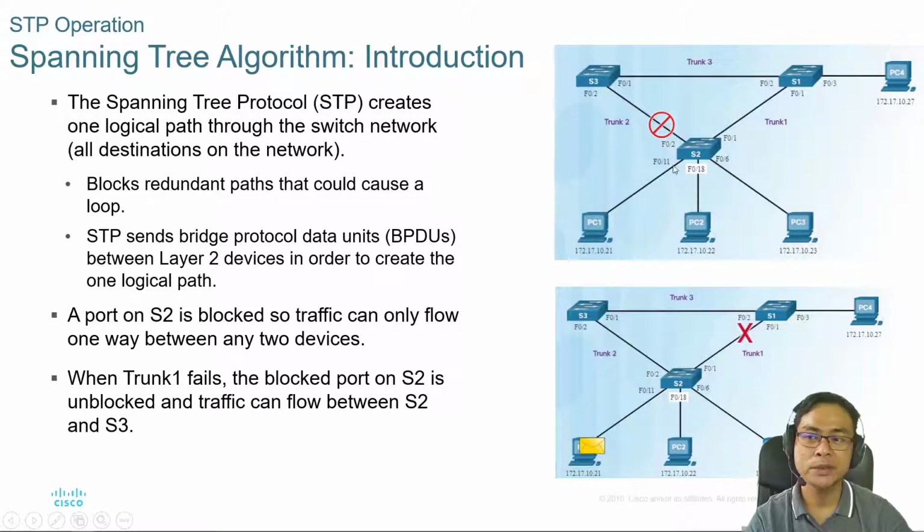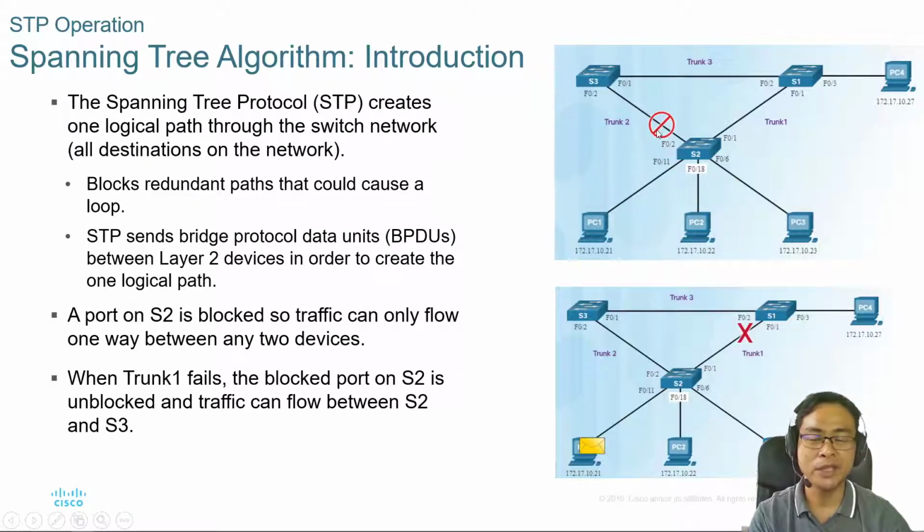You can pass through S2 going to S1 papunta kay PC4 or S2 going to S3 going to S1 papunta kay PC4. So in that case, tatanggalin mo yung isa. So in this scenario, looking at the flow of the traffic, obviously ito naman ang tatanggalin natin.